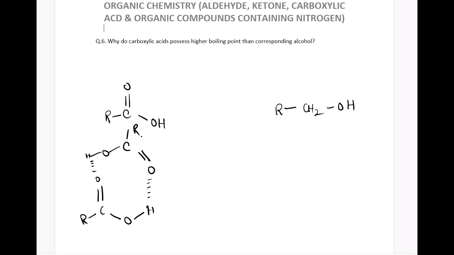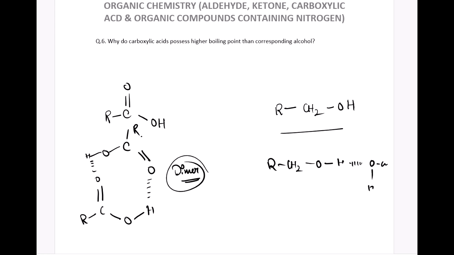So actually a dimer has formed through hydrogen bonding, but in case of alcohol that dimer is not possible. They can form hydrogen bonding with another molecule, but a dimer is not possible. So in this case the dimer will be more stable. Because of more stability through hydrogen bonding, carboxylic acid will have a higher boiling point than alcohol.